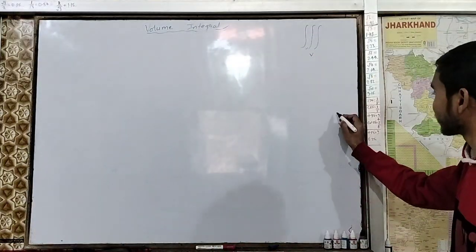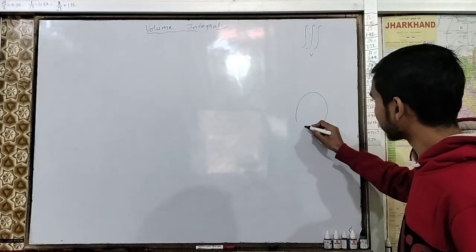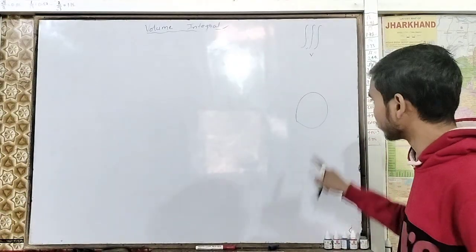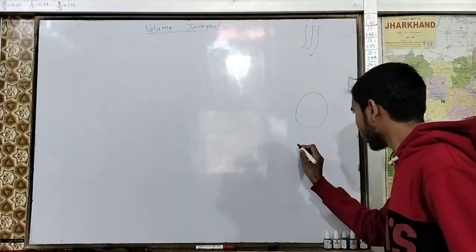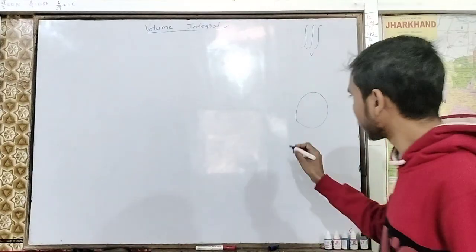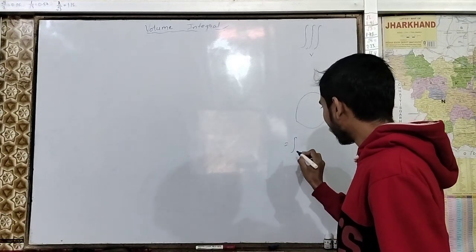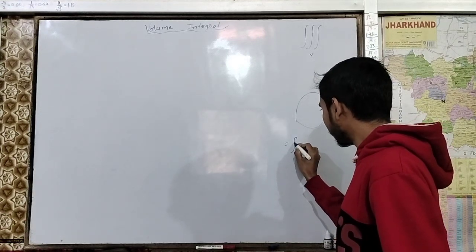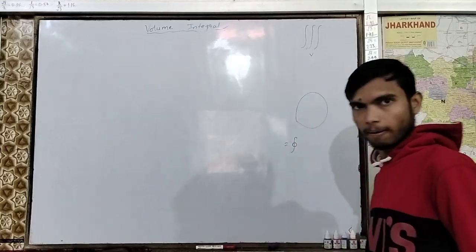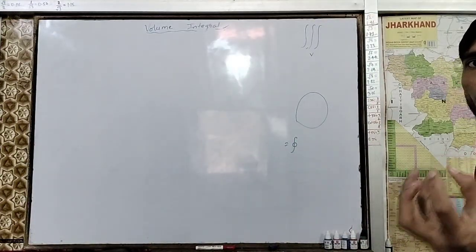What do I understand? Enclosed. If a curve is like this, enclosed, this curve which is enclosed. So remember, here our line integral will be this one integration, and this circle tells about a closed integral.